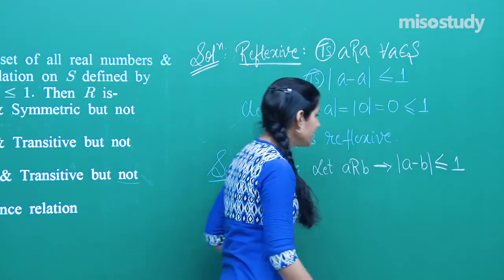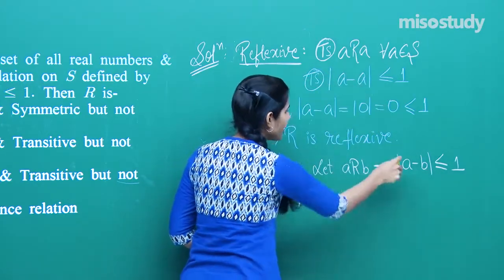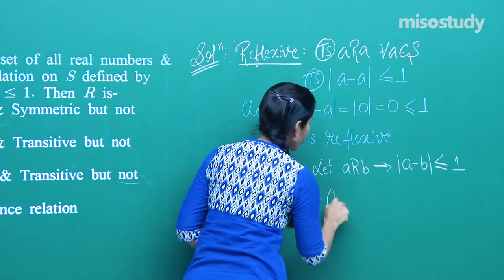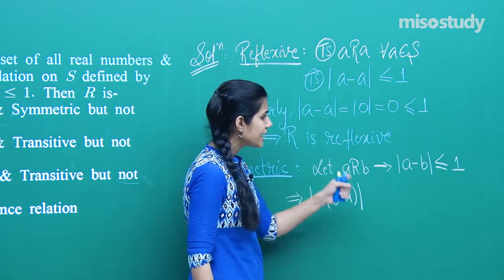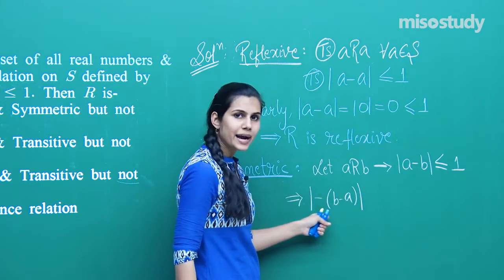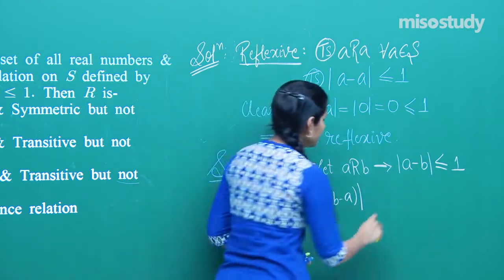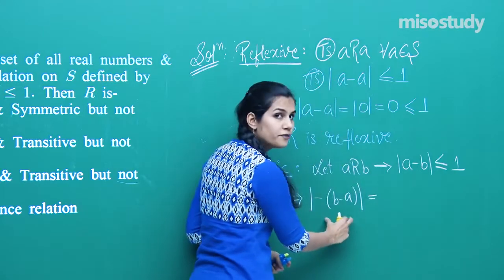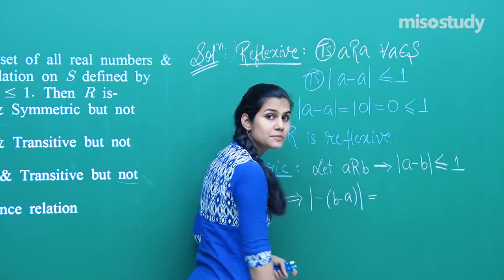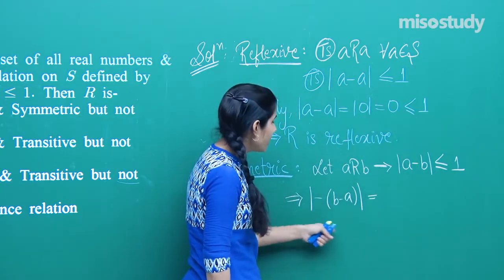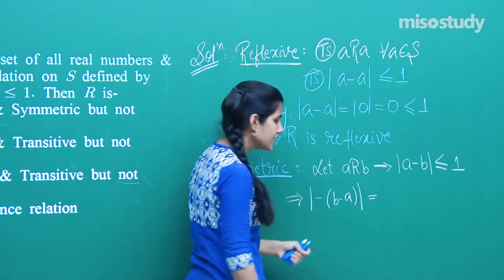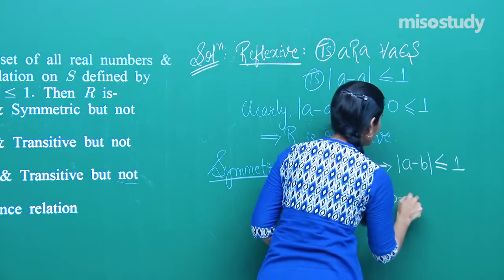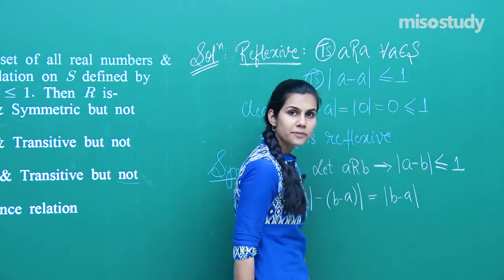But mathematically, if you wish to prove it, you can write A minus B as minus of B minus A. But mod of negative comes out to be what? Well, mod of minus x is same as mod of x. So this is nothing but modulus of B minus A.